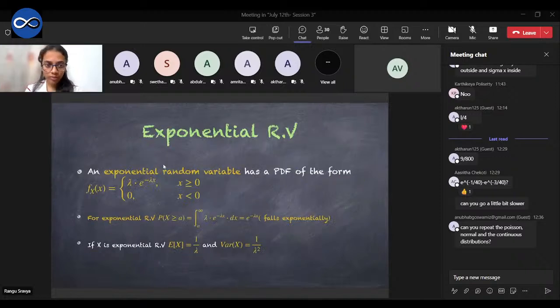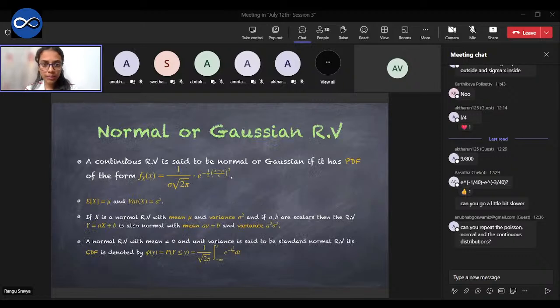And exponential is like you will have a PDF of this form, and with the given values you can find whatever is required. If you want to find the probability that X is greater than or equal to 8, just integrate over the given range and you can find the values. Even the normal distribution is similar.